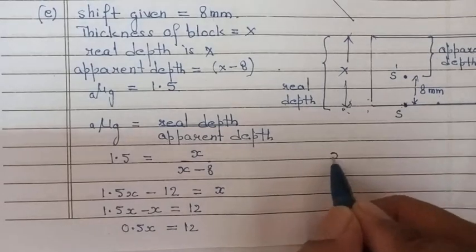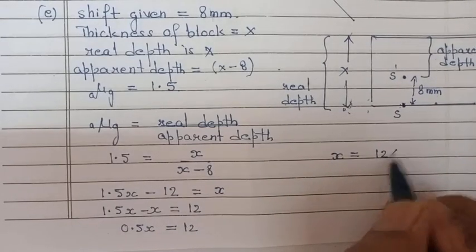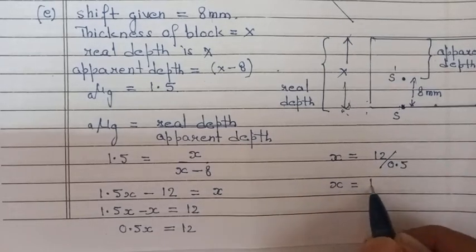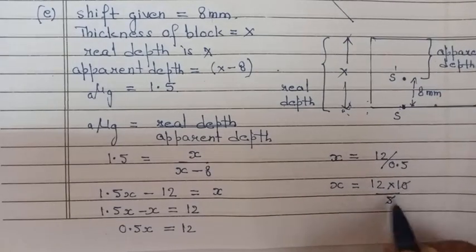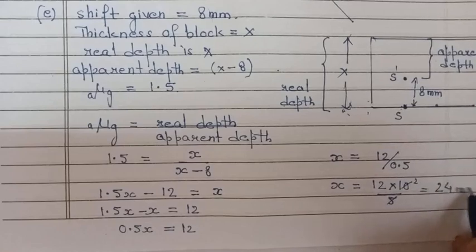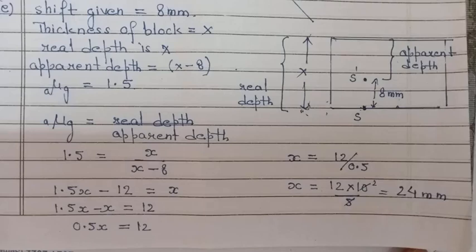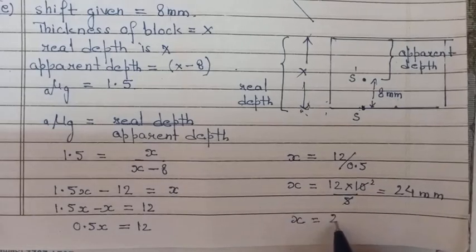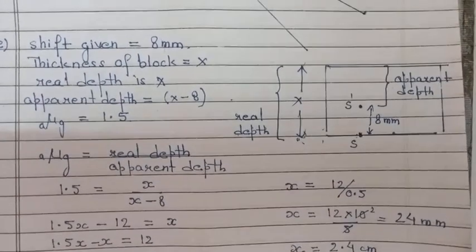So X is equal to 12 upon 0.5, that is 12 into 10 upon 5. So it's 24 millimeter. The thickness of the glass block will be 24 millimeter, or you can also write it as 2.4 centimeter. This is clear to you now?